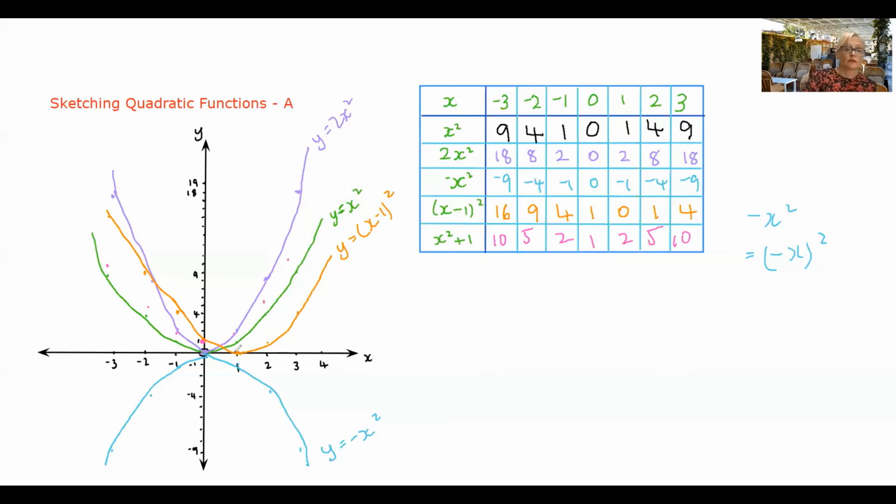So we get something like this. So this is our y equals x squared plus 1. Now, yes, that does look a bit of a mess and I do apologise for that.